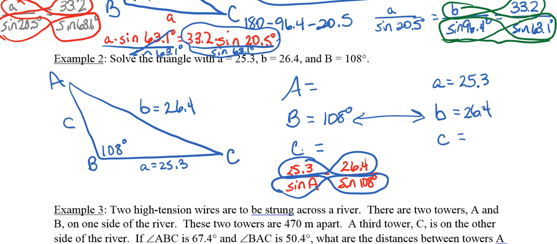So 26.4 times sine of A is 25.3 times sine of 108. In order to get the variable by itself, and remember sine is stuck with it, we're going to divide by 26.4.